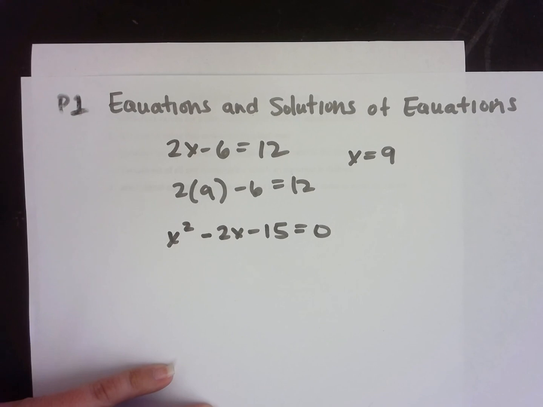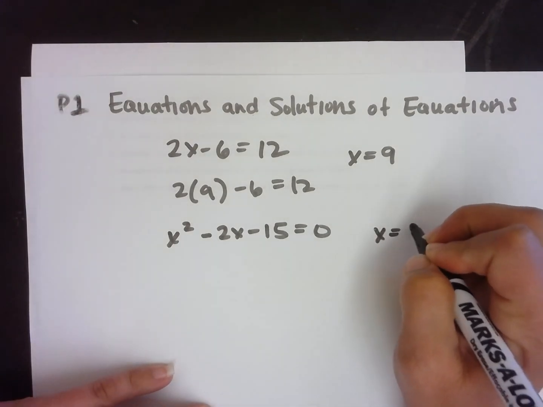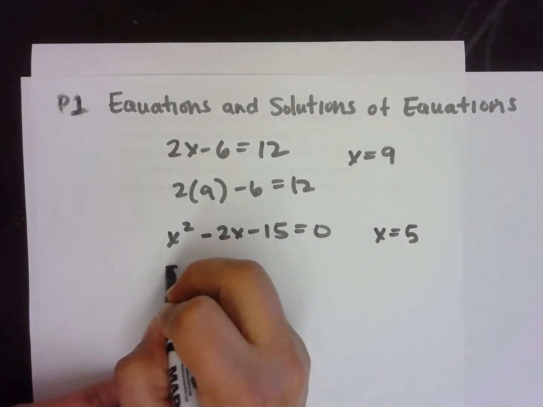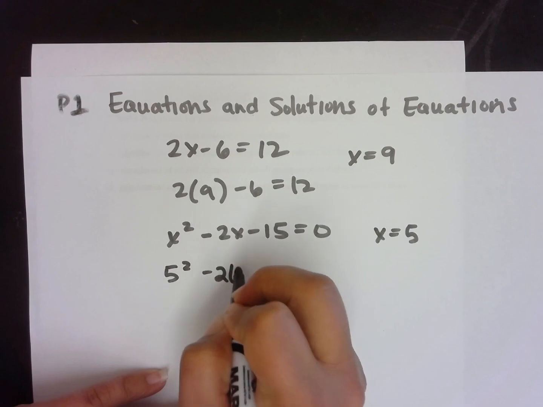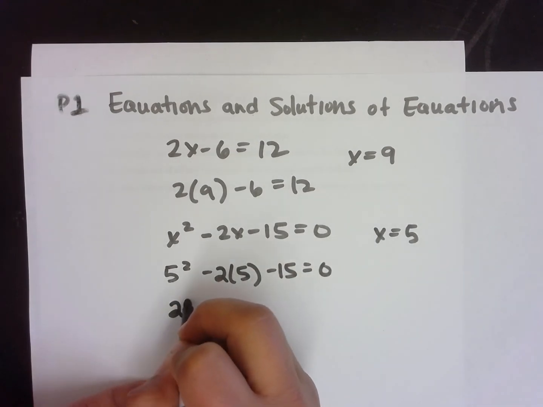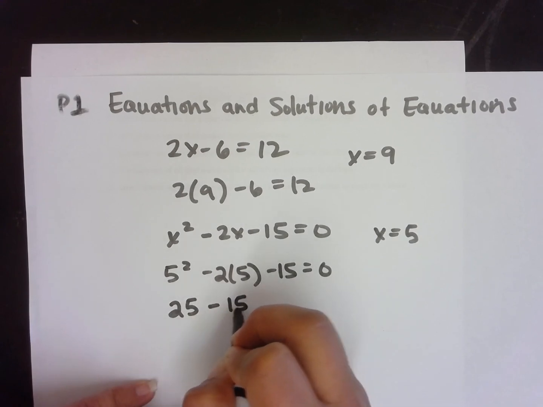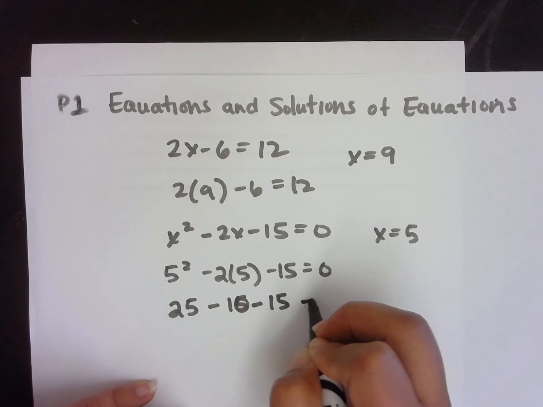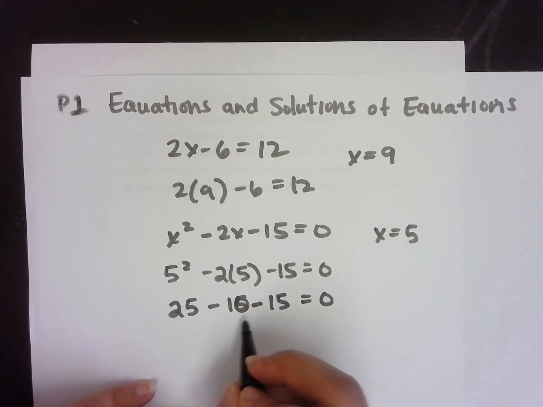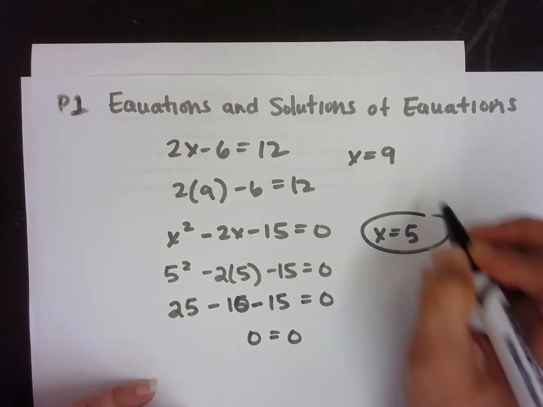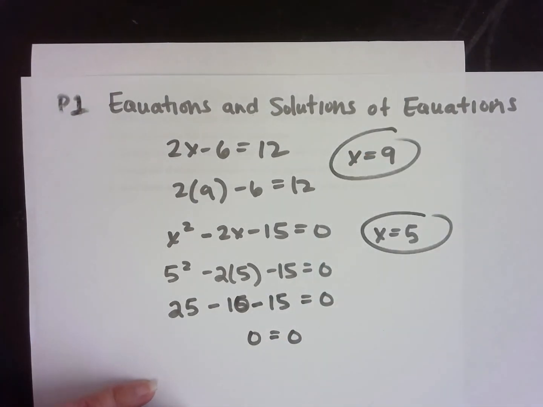With a little playing around, this one maybe isn't quite as obvious, but x equals 5 is a solution because if I plug in 5, I get 5 squared minus 2 times 5 minus 15 is equal to 0, which means I have 25 minus 10 minus 15, which is 0. 0 equals 0, so x equals 5 is a solution to our equation.